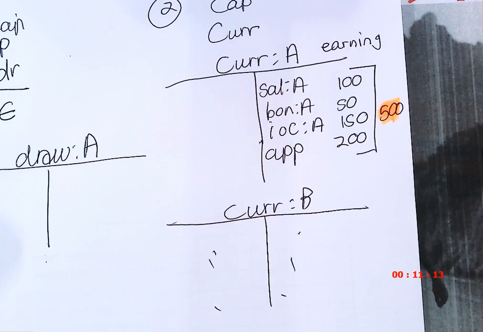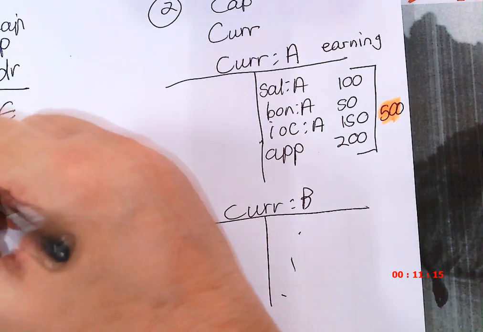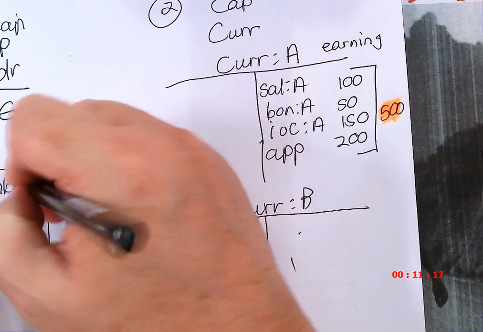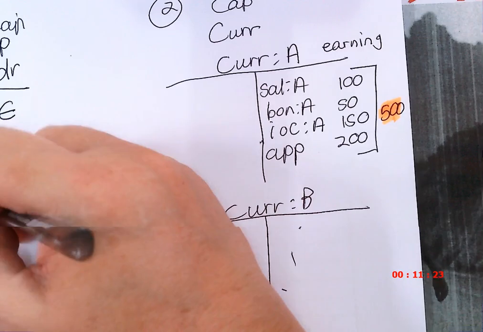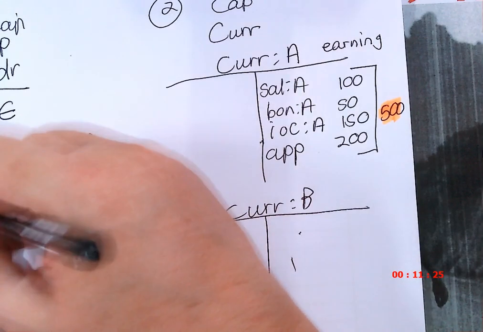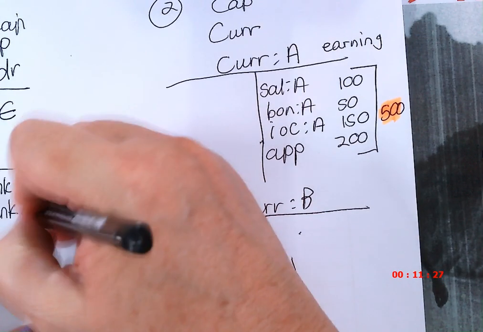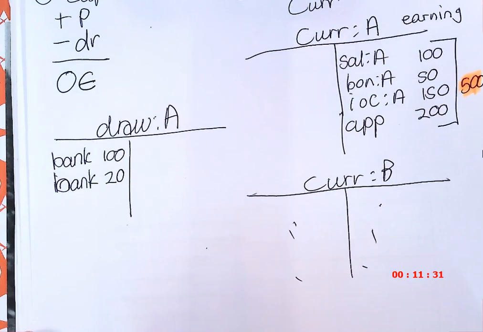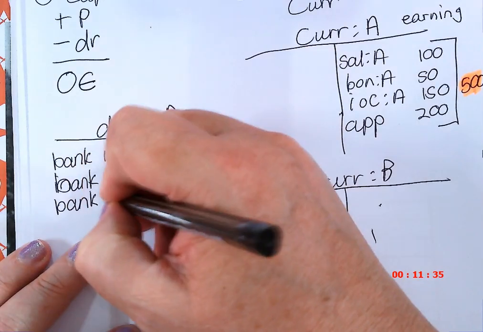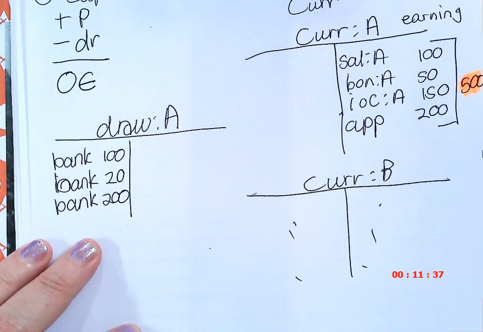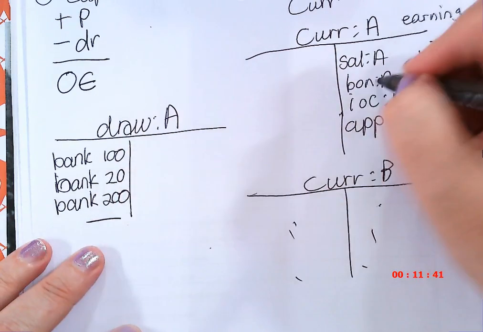So if he takes a salary, they're going to say, oh, he took his salary, bank. If he took his interest, maybe he took 50 Rand, or let's say 20 Rand, I say bank in drawings. Can you see in the end, every time he takes money from the business, it's shown as a drawing. And they will close that here to the current account.